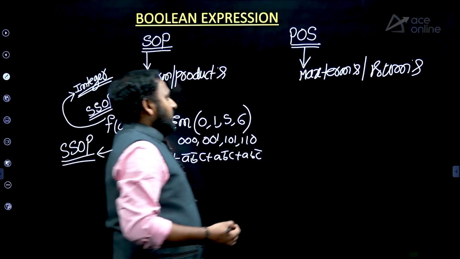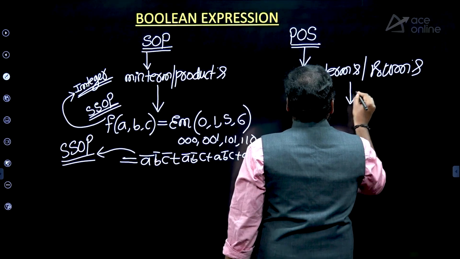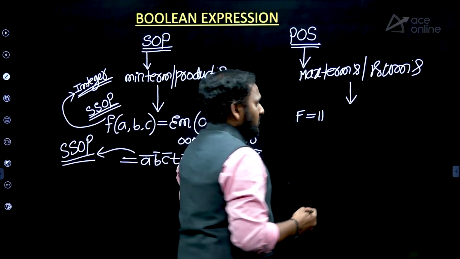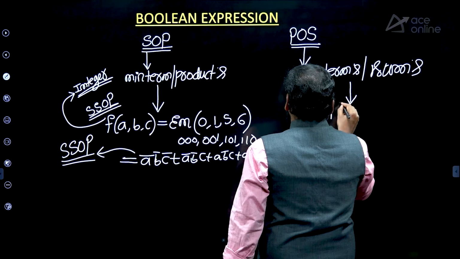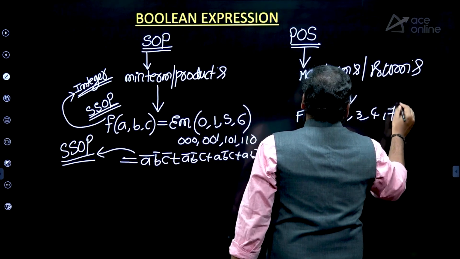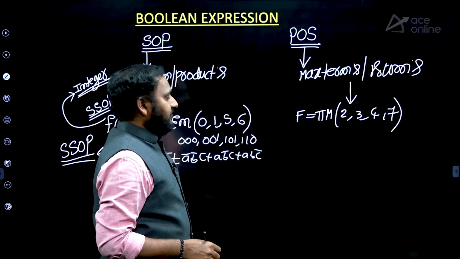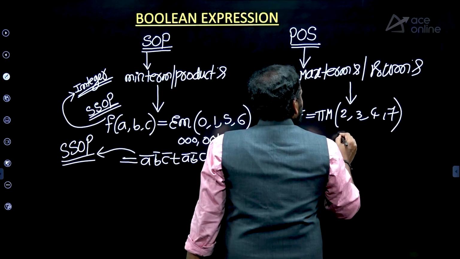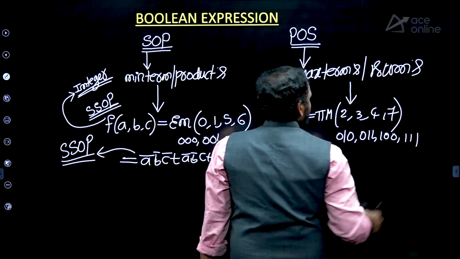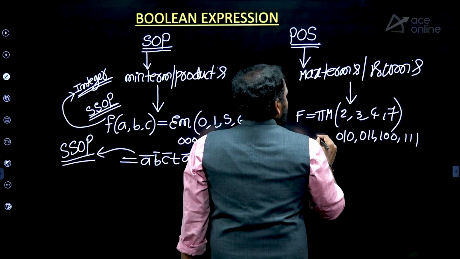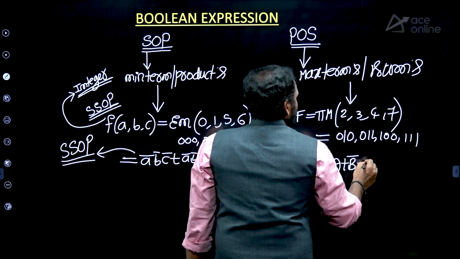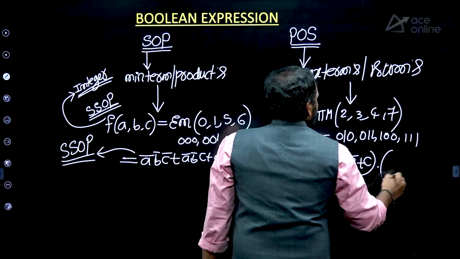Similarly, POS. F of ABC is equals to pi m of 2, 3, 4, 7, some numbers randomly, or otherwise we can write 010, 011, 100 and 111. So we can write it as A plus B bar plus C, and so on.